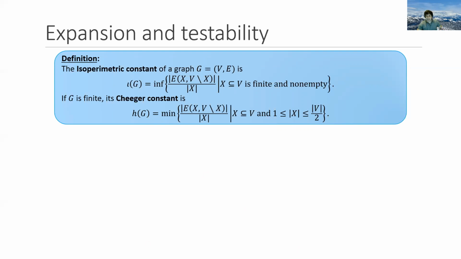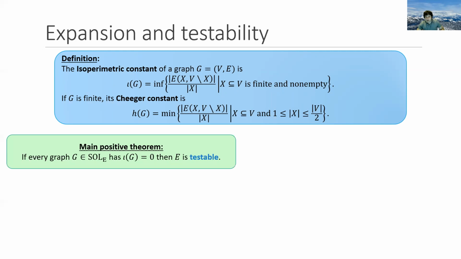Now, the second notion of expansion is the more familiar Cheeger constant. This is defined only for finite graphs. And the Cheeger constant is the minimal isoperimetric ratio over all vertex sets consisting of at most half the vertices in the graph. Now, in these terms, our main positive theorem says the following. Suppose that every solution graph of E has isoperimetric constant 0.